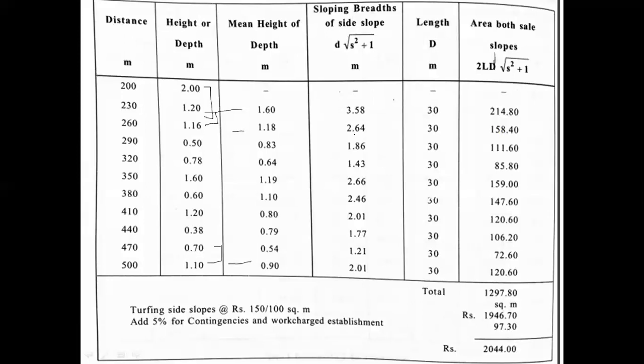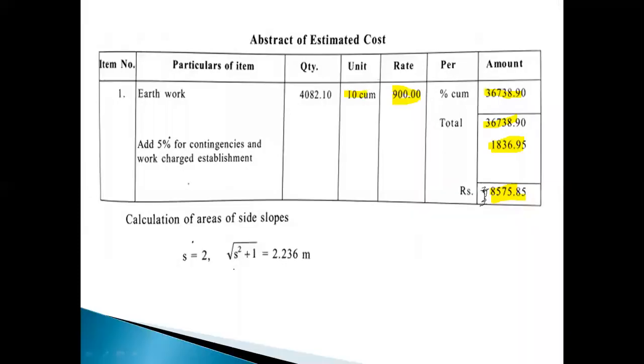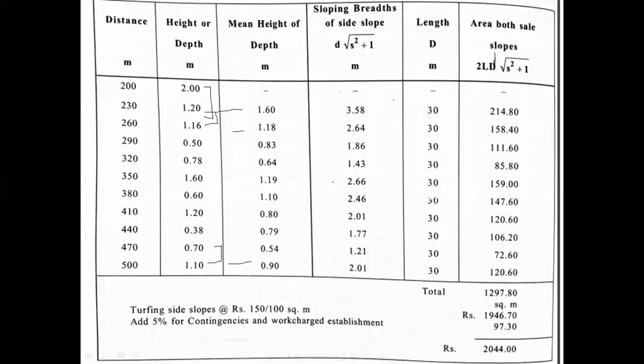Next one, sloping breadth of the slopes: d, the mean depth of the slopes, into root of S square plus 1, which equals 2.236; 2 square plus 1 is 5. So multiply 1.60 into 2.236 to get 3.58, and so on for the other depths. The final value 0.90 into 2.236 equals 2.01. The length of each station is 30.